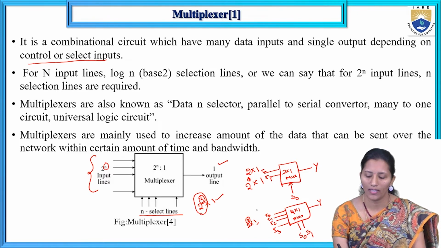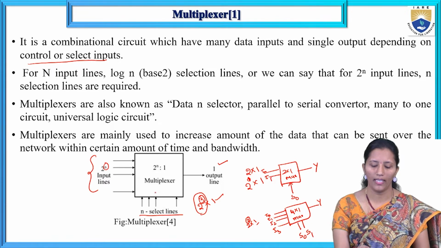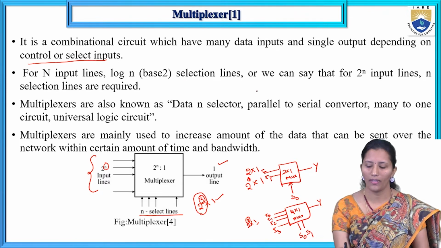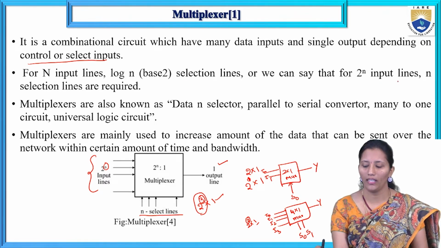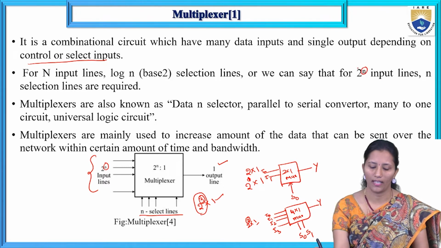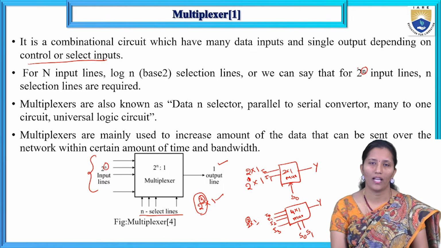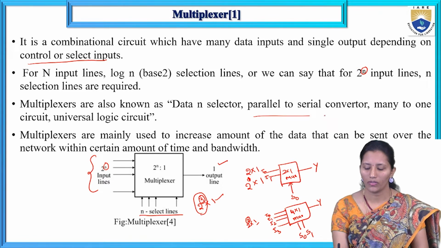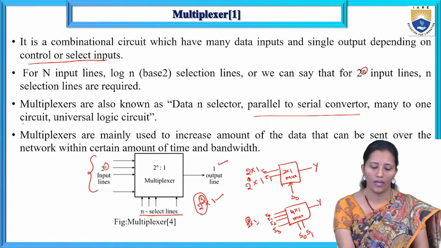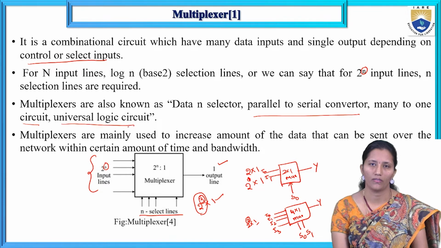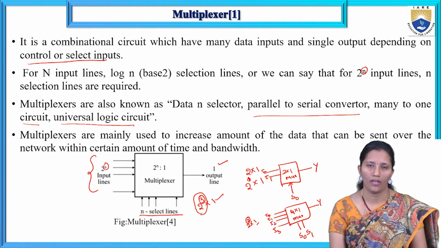This is the basic multiplexer block diagram. So for 2 power n input lines, n indicates the selection lines, or we can say for n input lines, log n selection lines. A multiplexer is also known as a data selector, parallel to serial converter, and many-to-one circuit, and is a universal logic circuit. In many applications, we use the multiplexer to transmit one input to the output from many inputs.